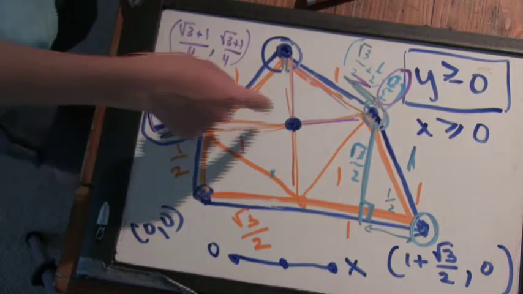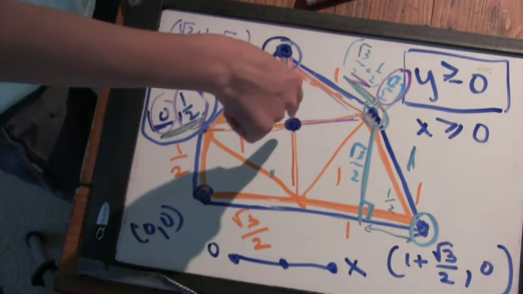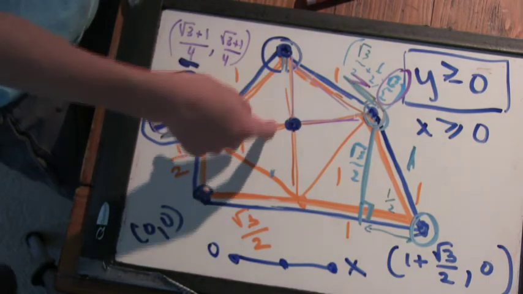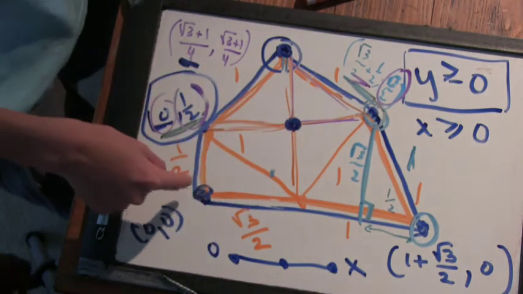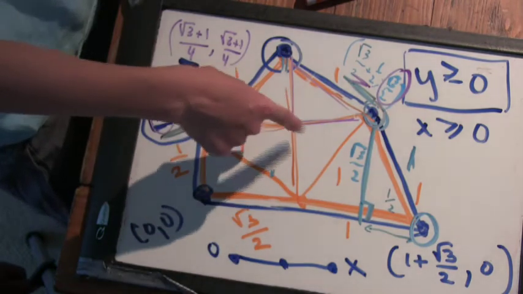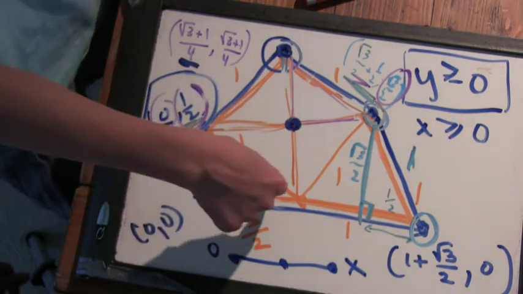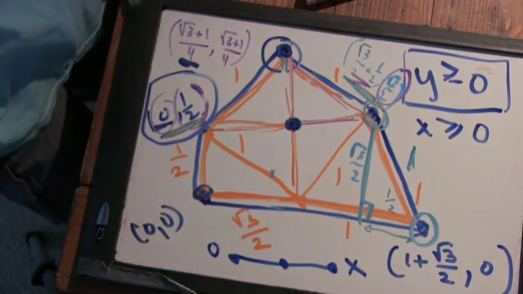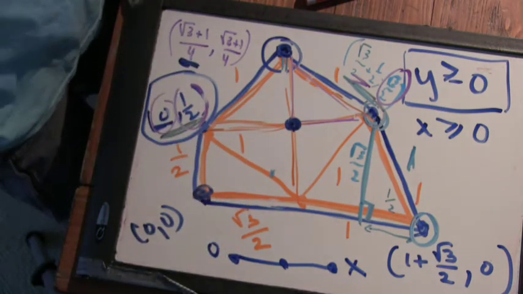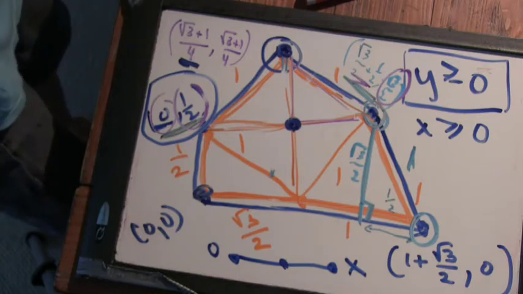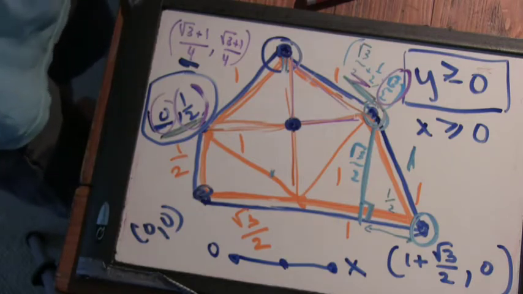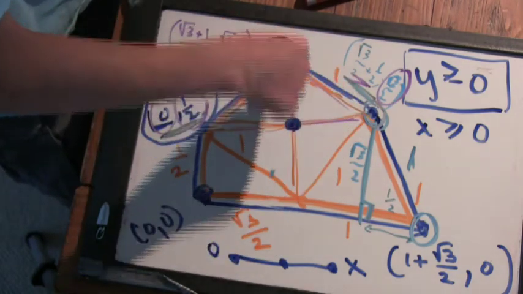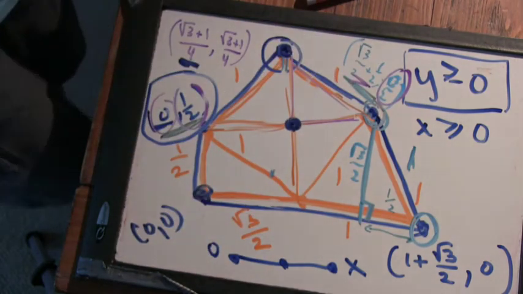Now that we know this is the center, if we know one of these, it's the same x over. We could try to find this triangle here. Yep, that would be one way.